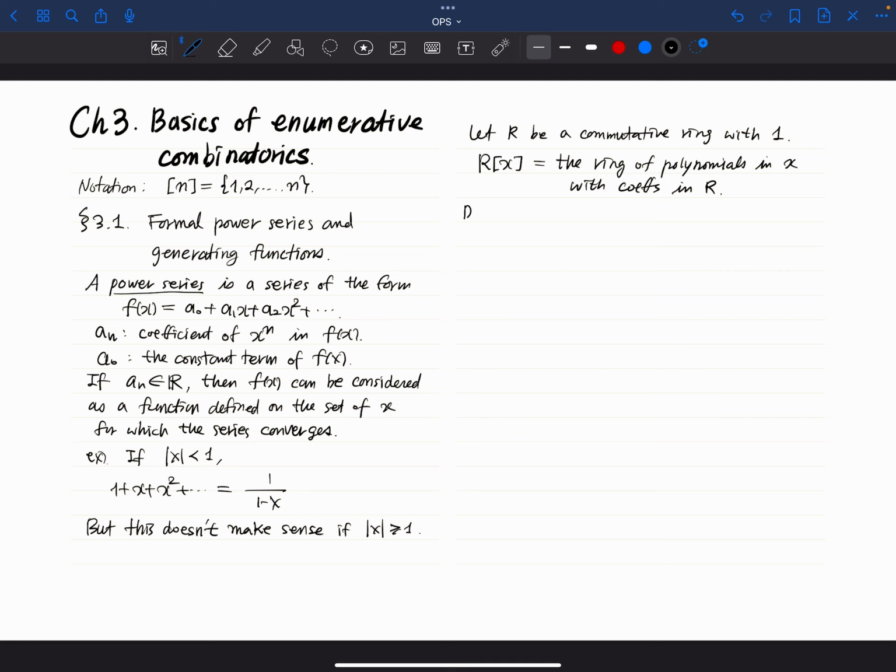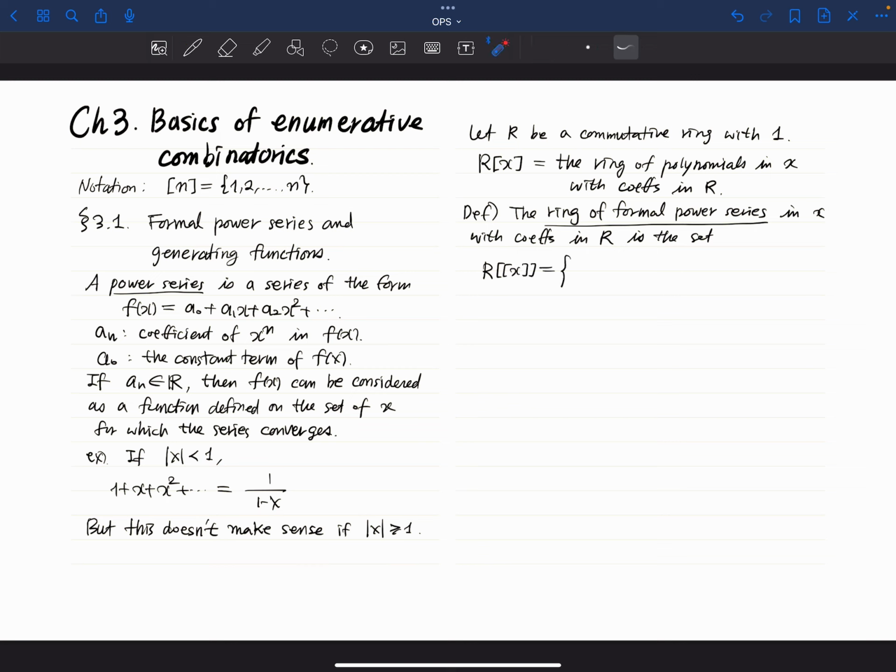And now we can define formal power series. So the ring of formal power series with coefficients in R, our ring R, is as a set the set, we write the notation with a double bracket, and this is exactly like a power series.